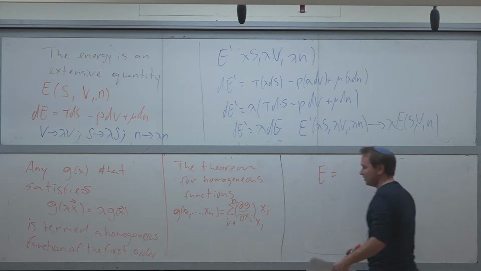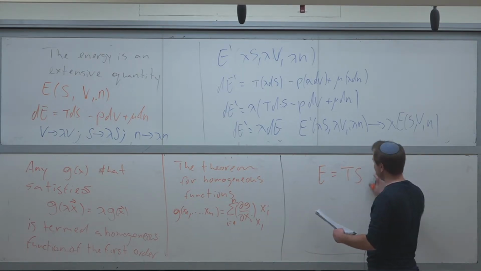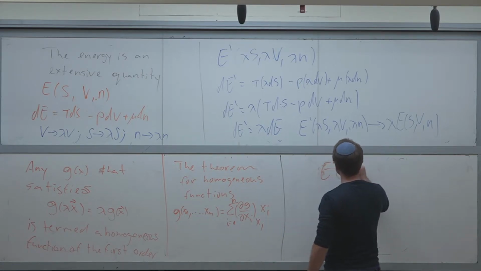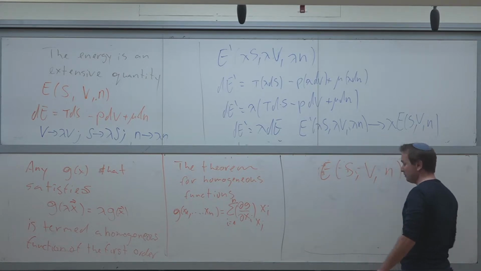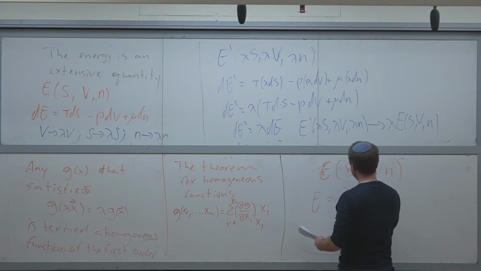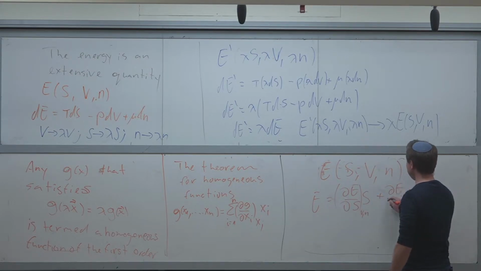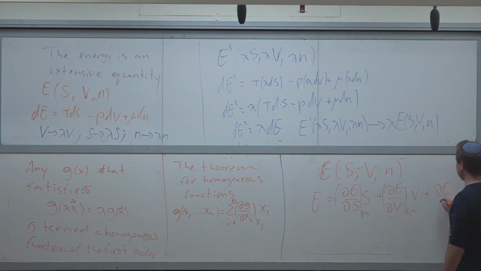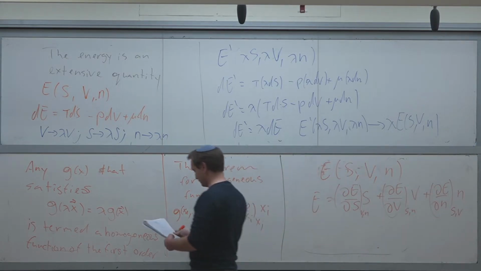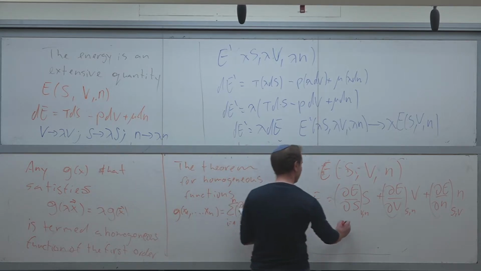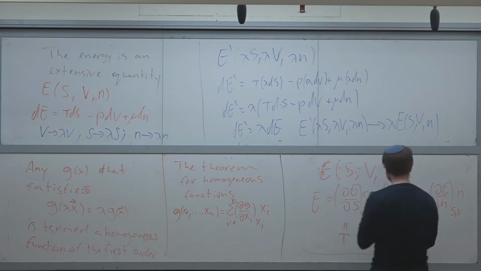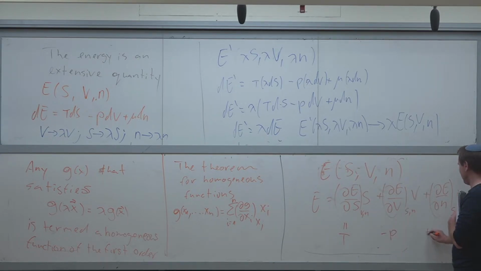This means that E is simply Ts, right? So if we have E as a function of S, V, and N, then E equals dE/dS, keeping V and N constant, multiplied by S, plus dE/dV, keeping S and N constant, multiplied by V, plus dE/dN, keeping S and V constant, multiplied by N. dE/dS is T. dE/dV is minus P. dE/dN is mu.